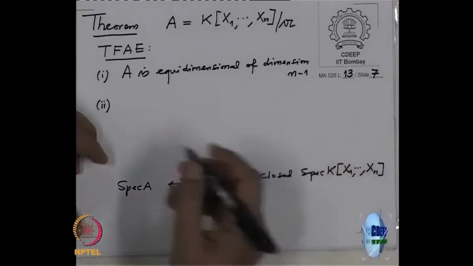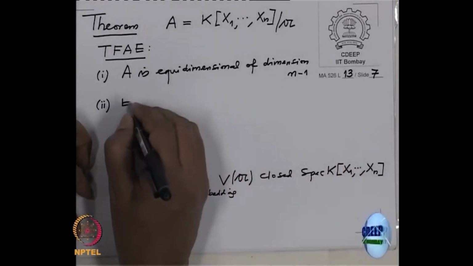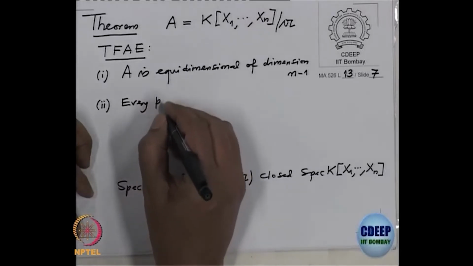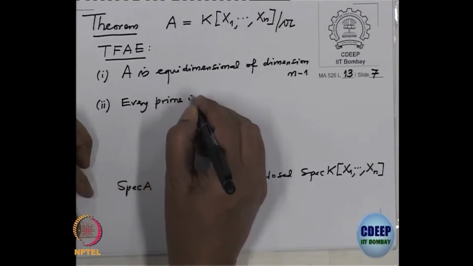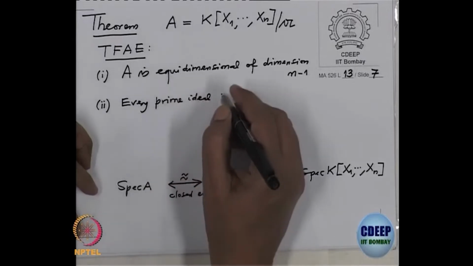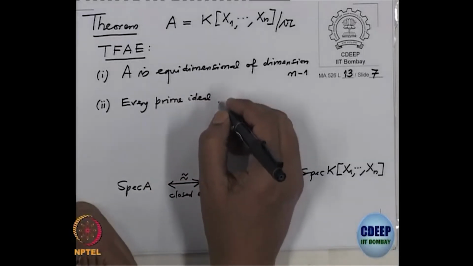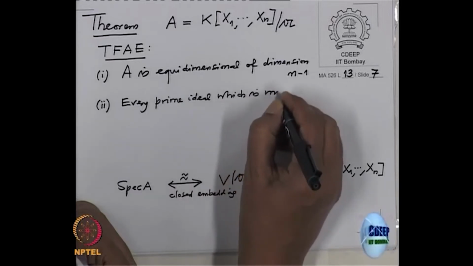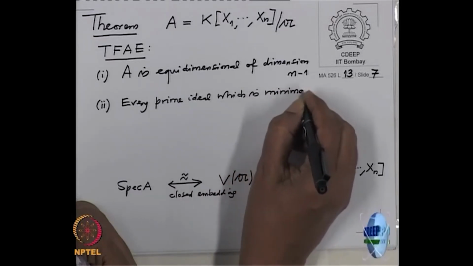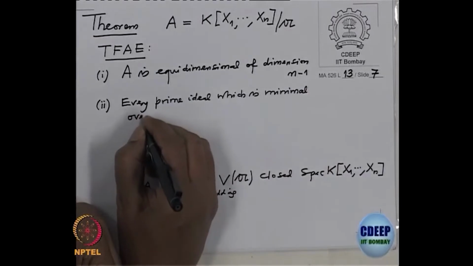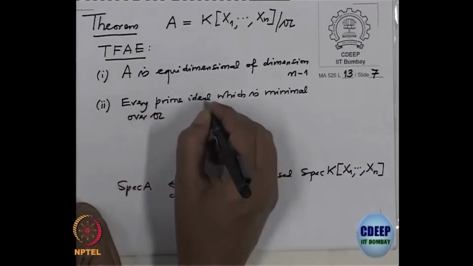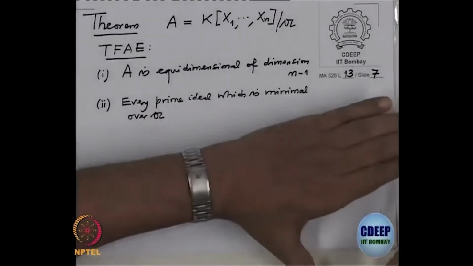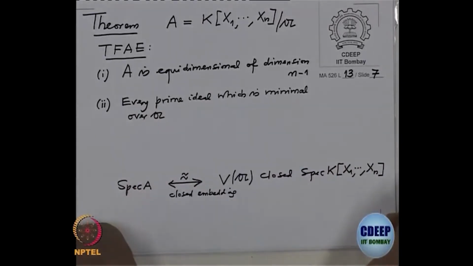So, the statement is: every prime ideal which is minimal over A. When you say minimal prime ideal, I am now thinking everything in Spec of K[x1, ..., xn].